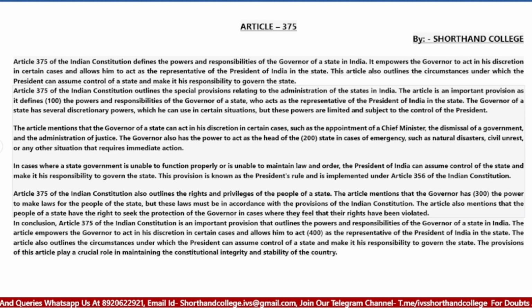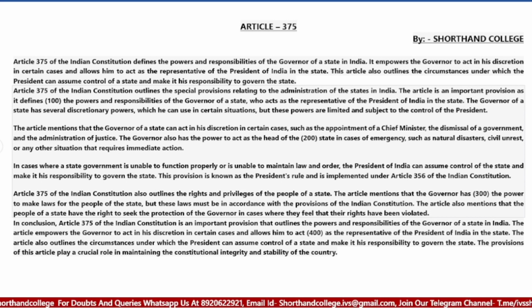Article 375 of the Indian Constitution outlines the special provisions relating to the administration of the states in India. The article is an important provision as it defines the powers and responsibilities of the governor of a state who acts as the representative of the President of India in the state.